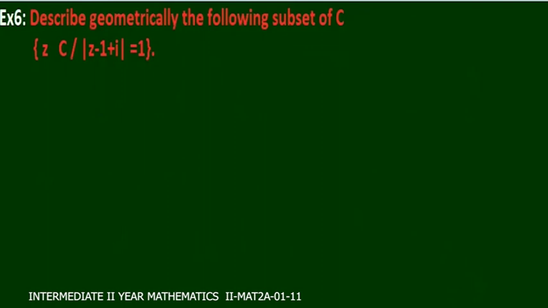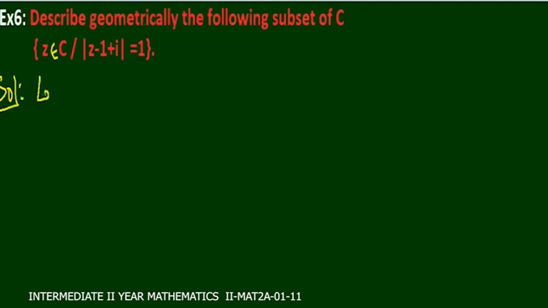Describe geometrically the following subset of C: z belongs to C, complex number, mod z minus 1 plus i is equal to 1. This is also almost similar. It is an example problem from the textbook.